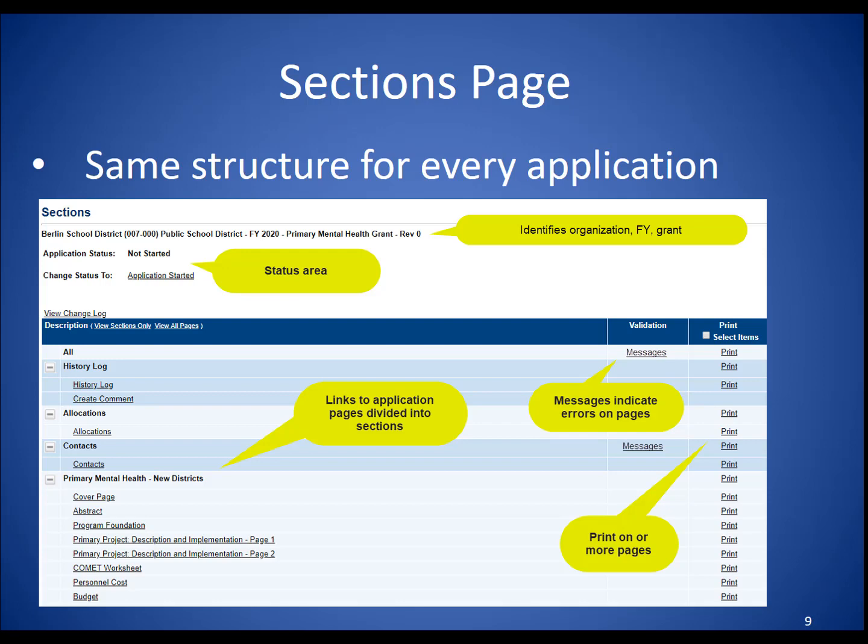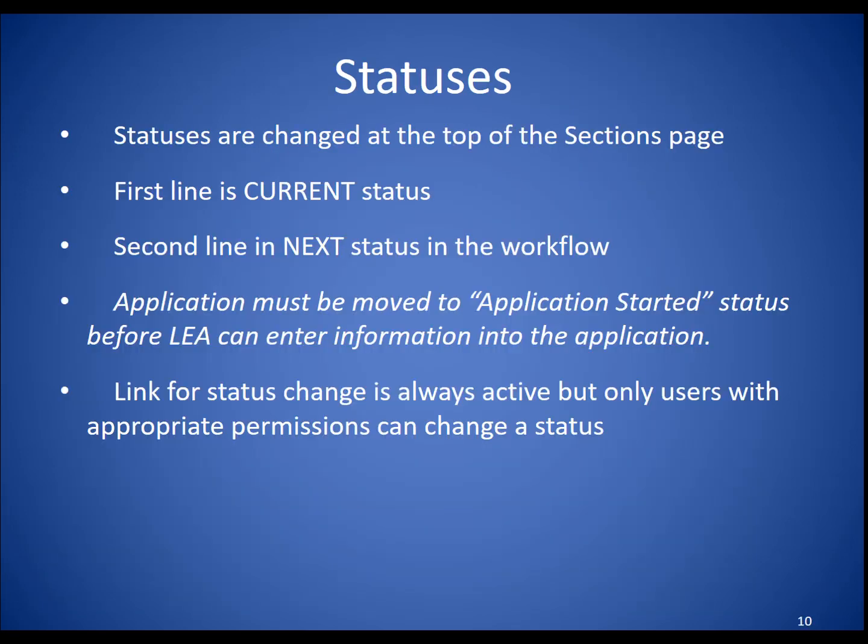Below that are links to all of the pages in the application that are divided up by sections. From this page, you can also view error messages in the validation column by clicking on the messages link, and you can print one or more pages. Statuses are changed at the top of the sections page. It's important to remember that the first line is the current status and the second line is the next status in the workflow.